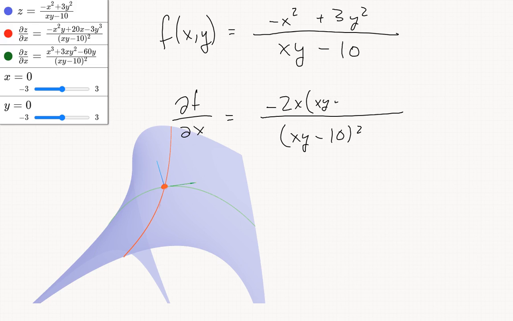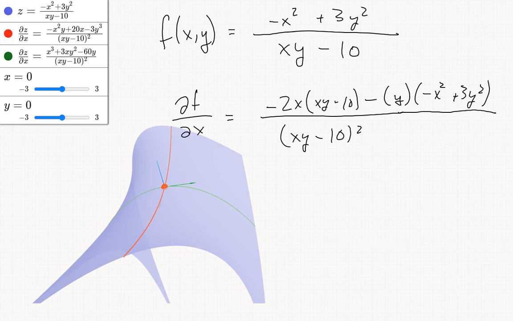Then that times the bottom, xy minus 10, then minus derivative of the bottom with respect to x is just y, and then that times the top, negative x squared plus 3y squared.